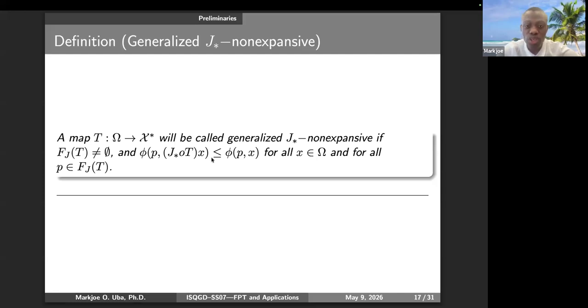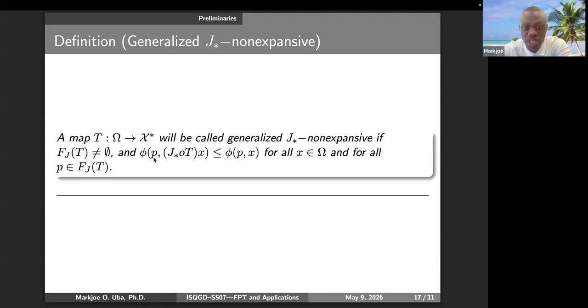Now we have also what is called generalized J non-expansive. This Lyapunov functional is not symmetric. So if you have phi of x, y, it's not necessarily equal to phi of y, x. So some authors defined generalized J star non-expansive maps, which is given by this definition, in which the first input here is p.